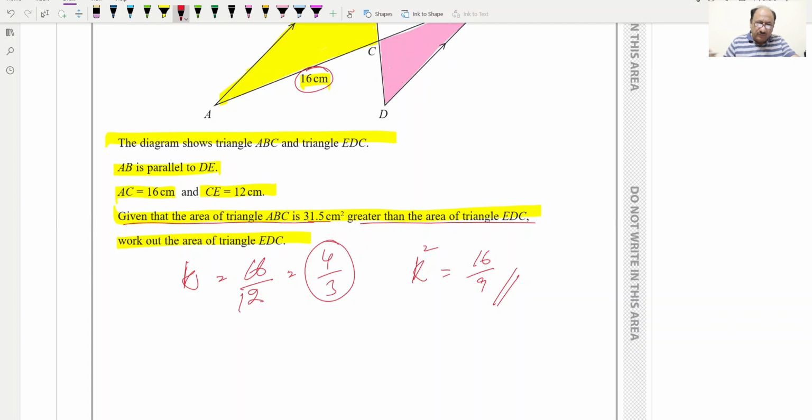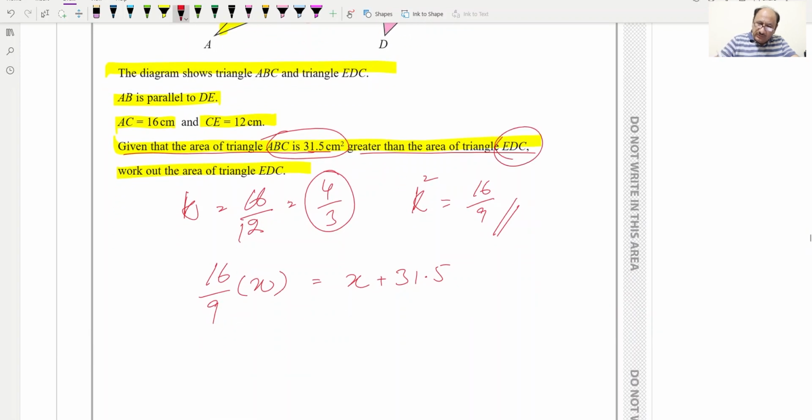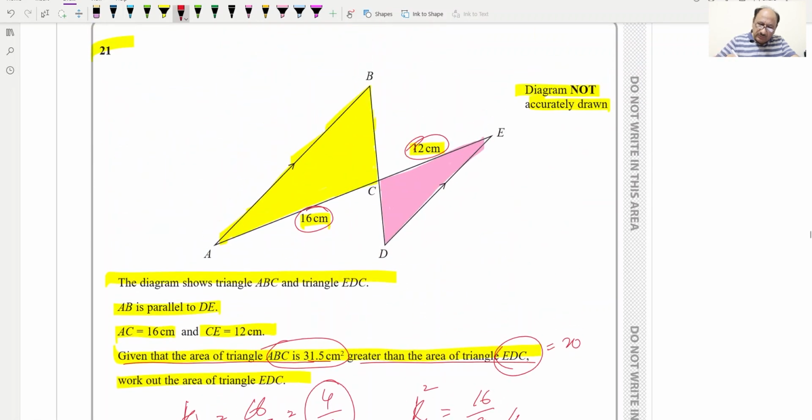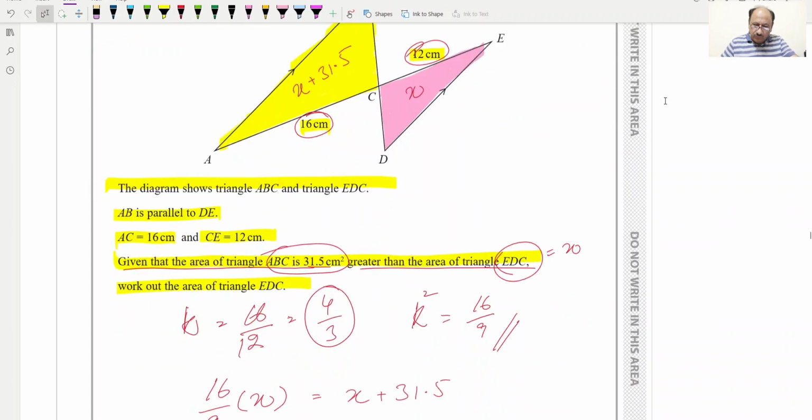So if we form the equation, 16 over 9 into x, if x is the area of triangle EDC, then for ABC it will be x plus 31.5. So if this is x, this will be x plus 31.5. Hopefully you are understanding.